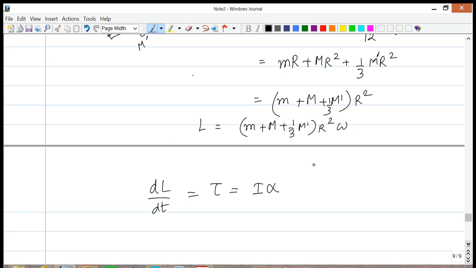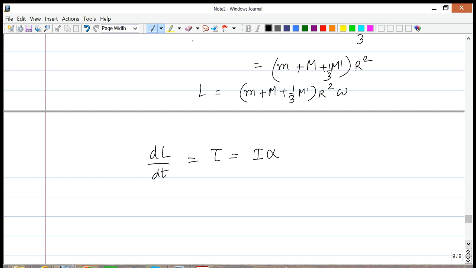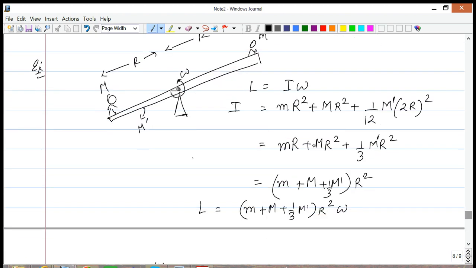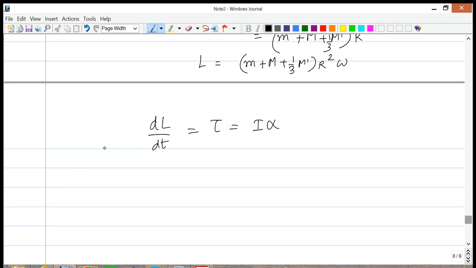Okay, so what we'll do is let's figure out the net torque. We already know dL by dt. It is simply going to be equal to all this, m plus capital M plus 1/3 m prime times r squared, times d omega by dt, which will give us an alpha. And so now all we need to do is figure out the net torque, and the net torque is going to be the sum of the torques due to the dad and the girl.